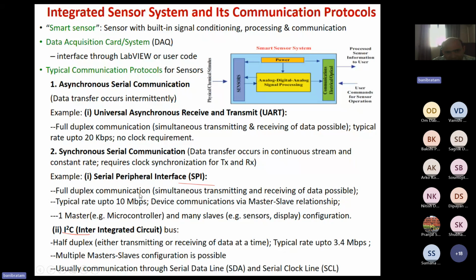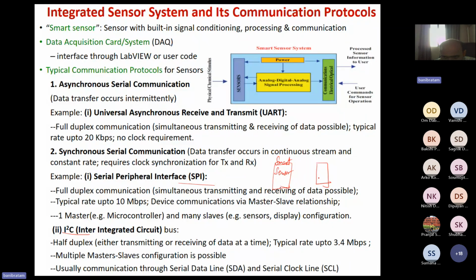Full duplex means simultaneously the data can be transmitted and received. Suppose this is your sensor, meaning a smart sensor which integrates not only the sensor, but also the signal conditioning block, signal processing block, as well as the communication block.